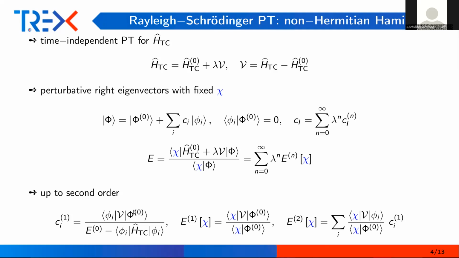However, what is different from the symmetric case is the presence of this left function here instead of usually the right eigenvector phi 0.